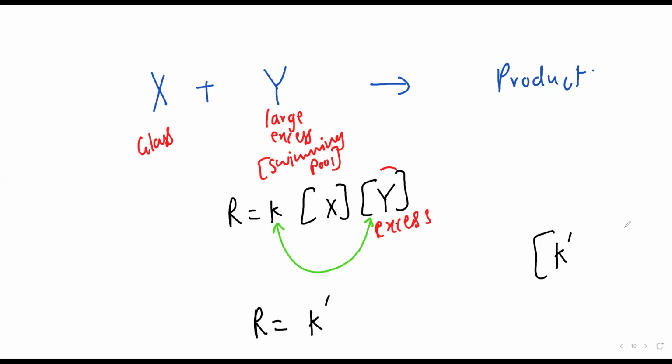K dash is nothing but K into Y. Right now, beta, how many reactants did we get? Only one. Now my rate of reaction is depending upon only how many reactants? Only one.